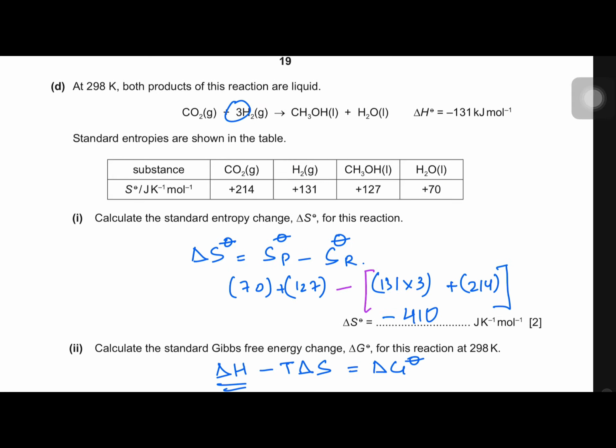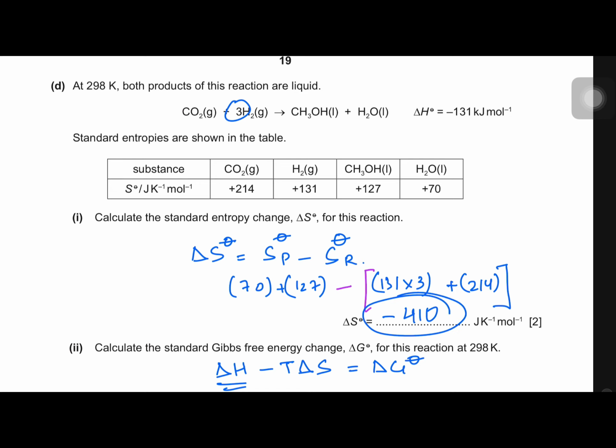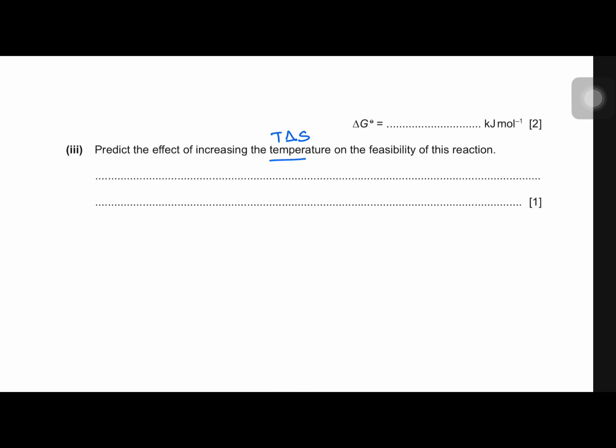So let's go back to the question and let's see. Entropy change was negative. If the entropy change is negative, it means delta S is negative. So T delta S is negative.